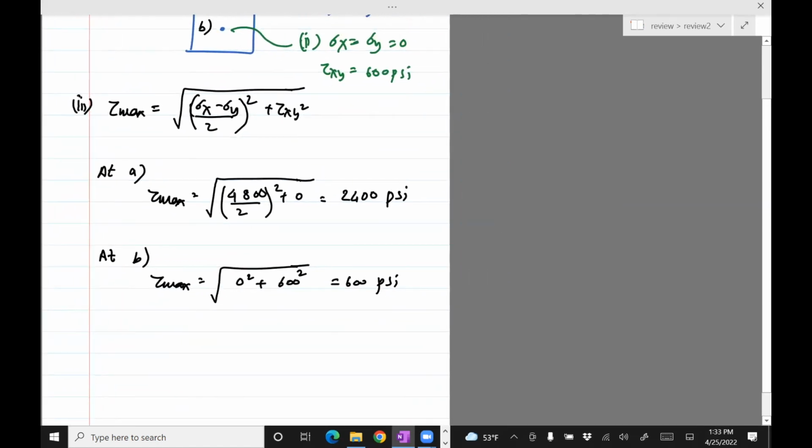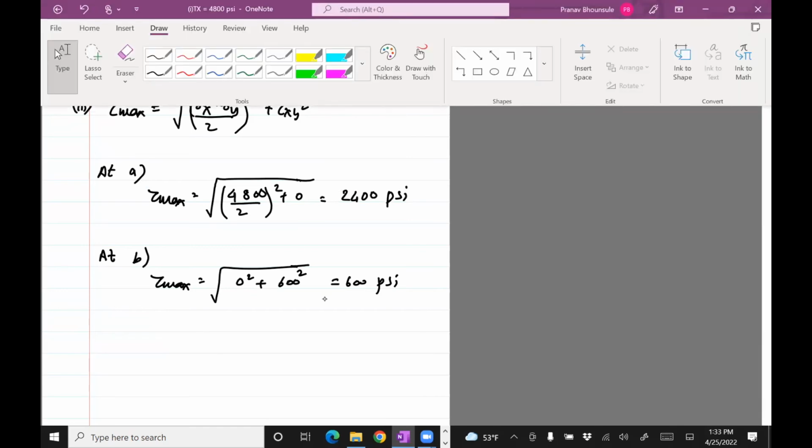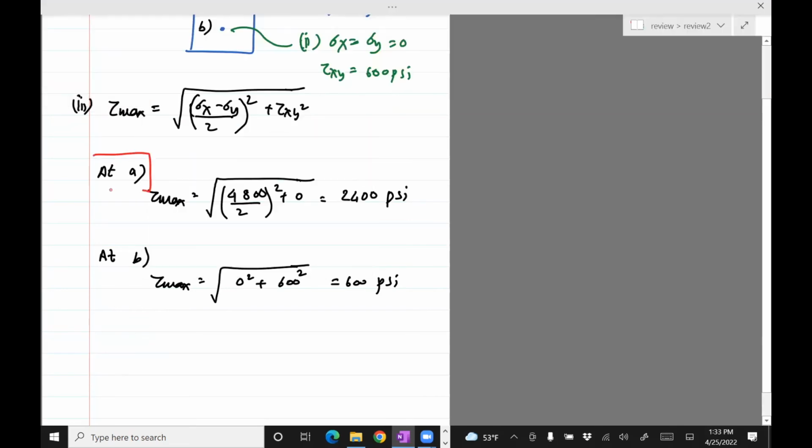So clearly the one which will have the maximum stress is not B, but A. So this is our final answer. This is greater than the one below.